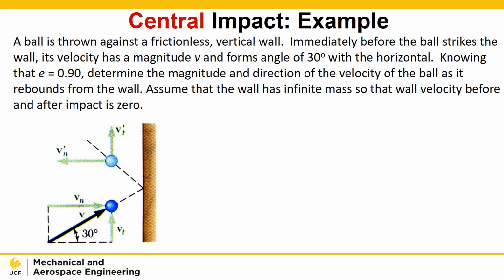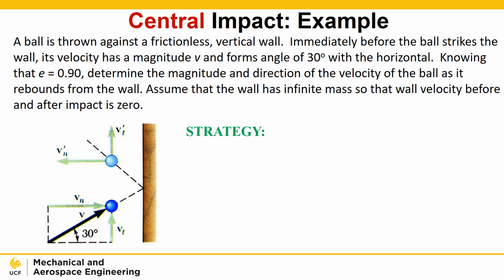The coefficient of restitution e between the ball and the wall is given to be 0.90, and we are asked to determine the magnitude and direction of the velocity of the ball as it rebounds from the wall. We are to assume that the wall has infinite mass so that the wall velocity before and after impact is 0.